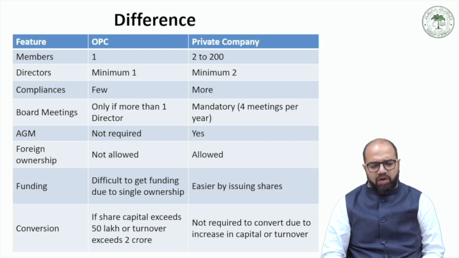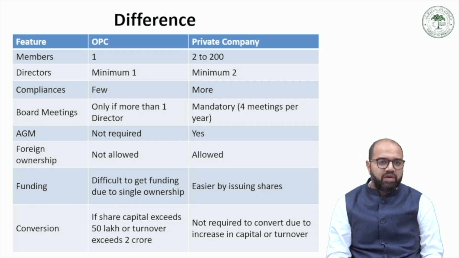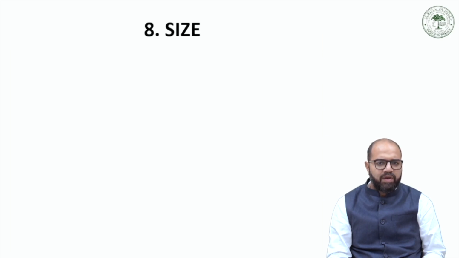So if the capital of an OPC exceeds beyond a certain limit, conversion is required from an OPC to a private company, but that is not required in case of a private company, which is again a kind of an advantage over an OPC. Here we conclude the comparison between an OPC and a private company.